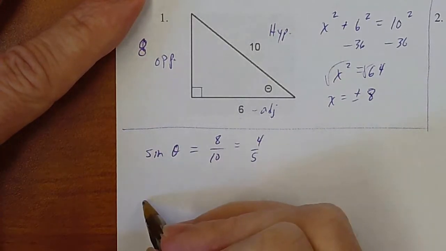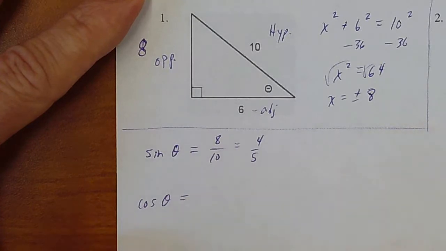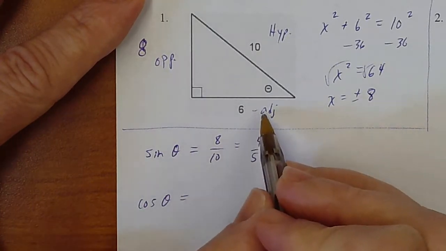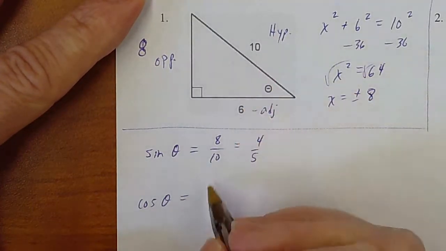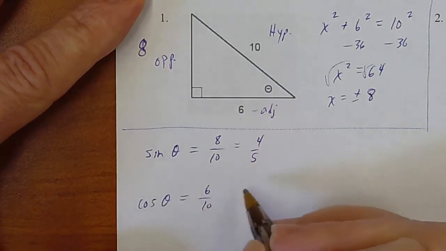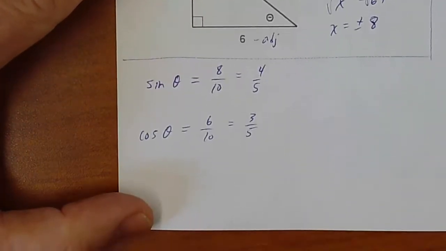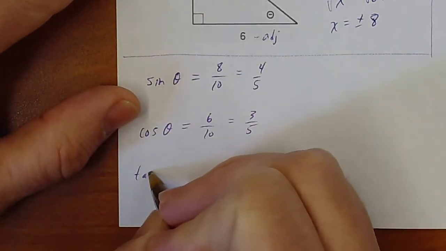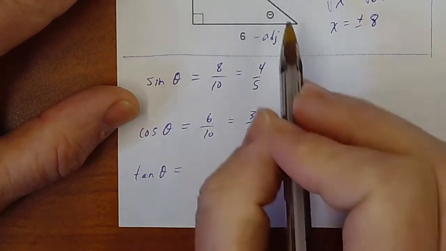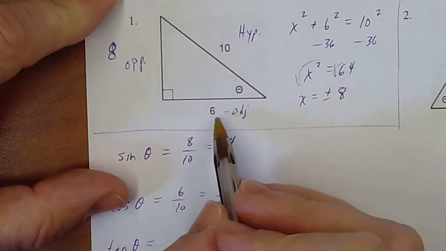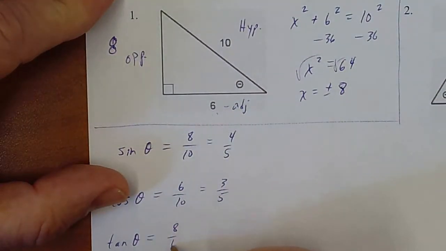On the cosine, so CAH, so A over H. So the adjacent side over the hypotenuse. So that's 6/10, 3/5. Tan theta is equal to opposite over adjacent by definition, right? So 8 over 6, which is 4/3.